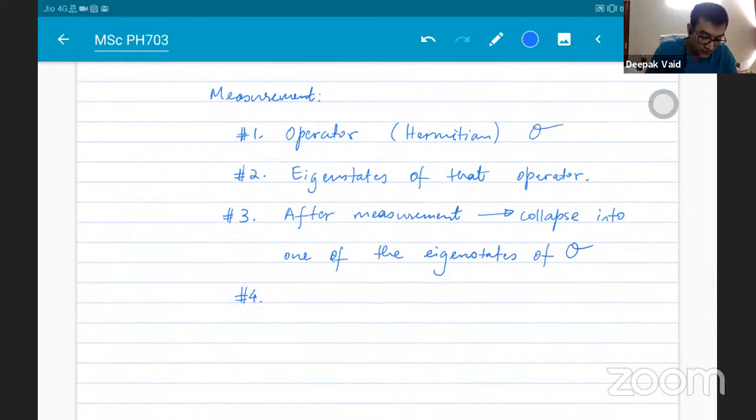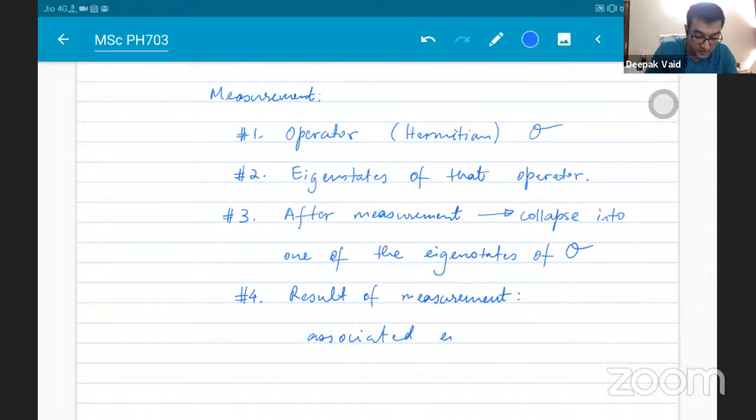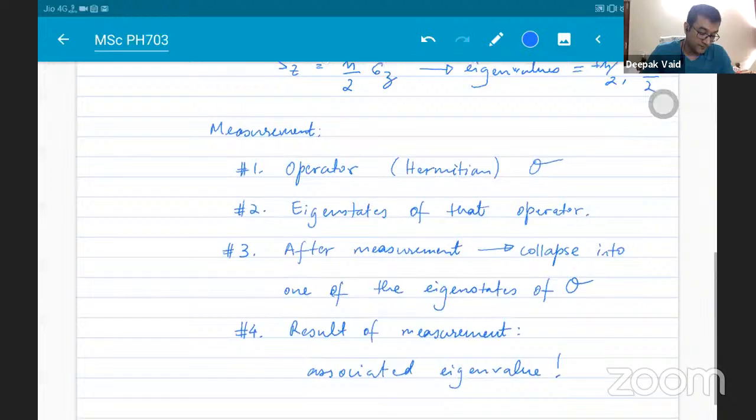And what is the result of the measurement? The result of the measurement is the associated eigenvalue.